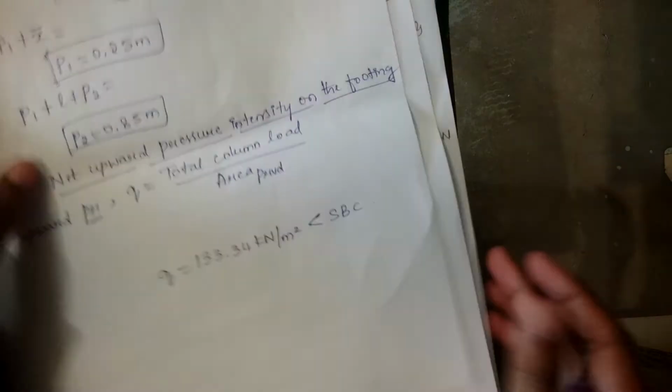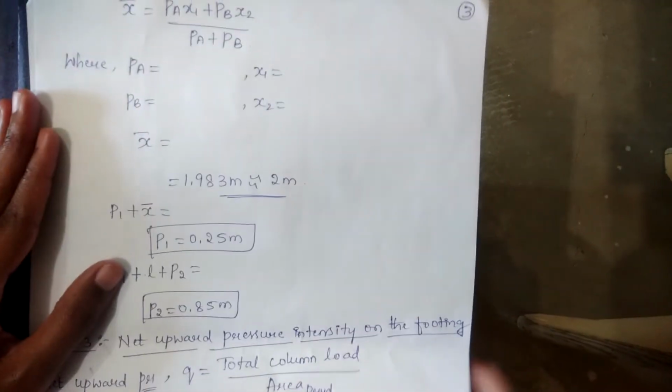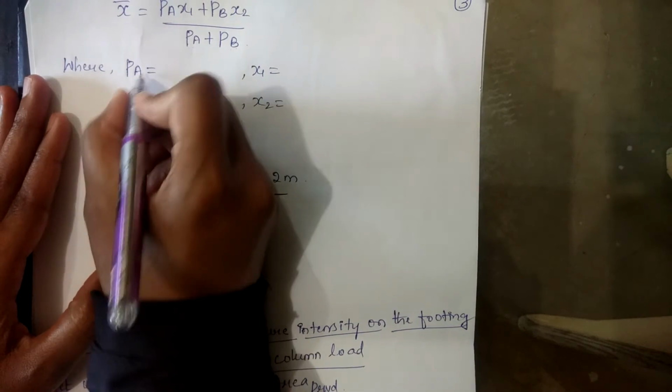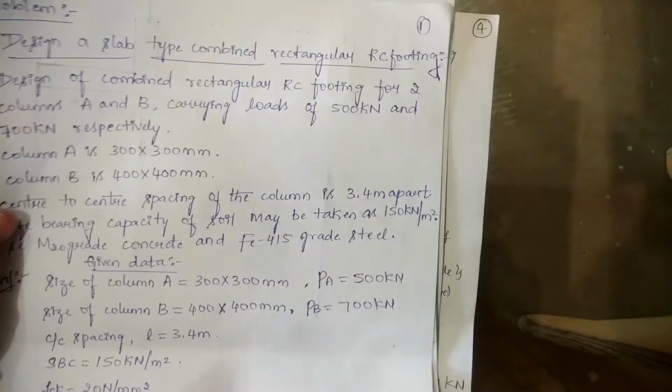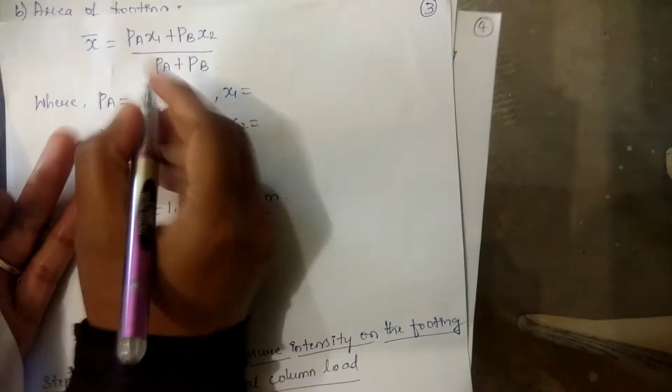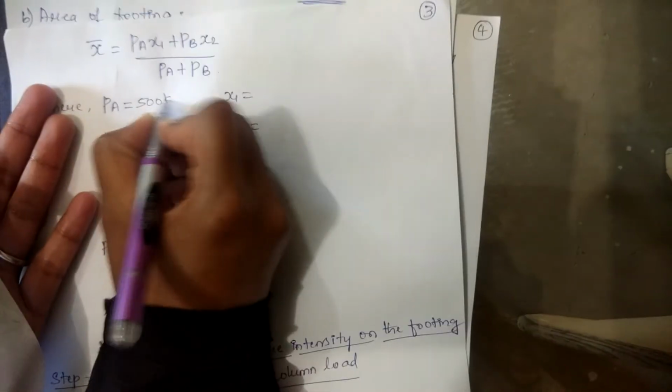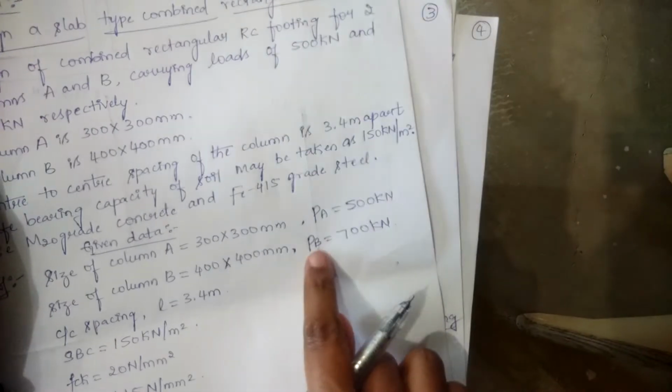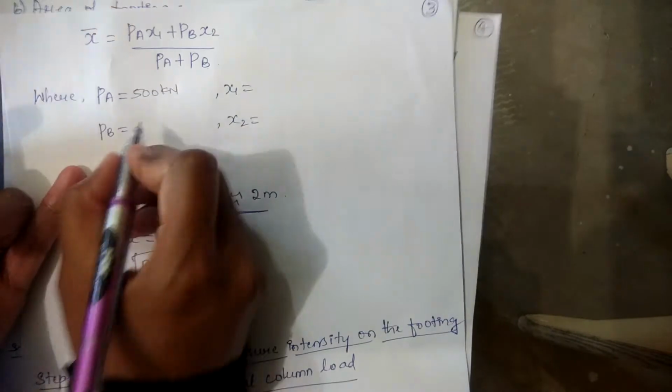Now, let us write the values of PA, PB, x1 and x2 first. Here the value of PA is given as 500 kilonewton, whereas the value of PB is 700 kilonewton.